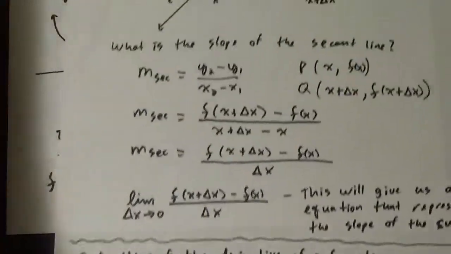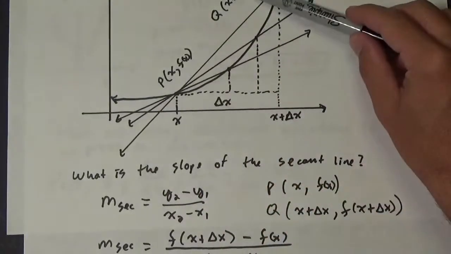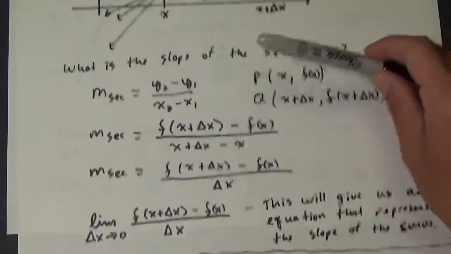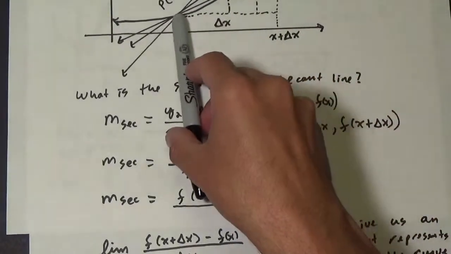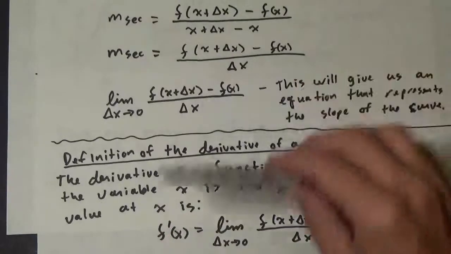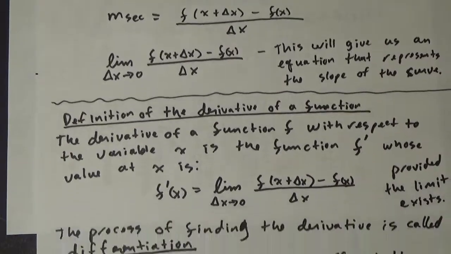But then we created this idea of why don't we take secant lines, find the slope of the secant line, and then little by little, as we got this other point closer and closer to the original point, we created this limit. Again, we have to use a limit because you can't put in 0 for delta x. That doesn't work. But as long as we get infinitesimally close to x, that's okay. As delta x gets close to 0, that's what we want.